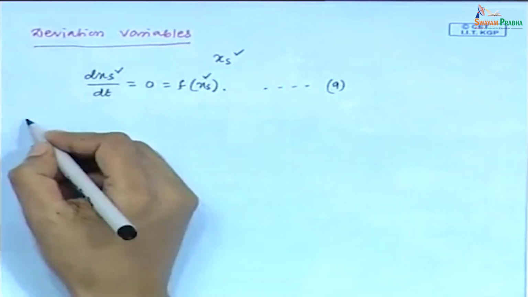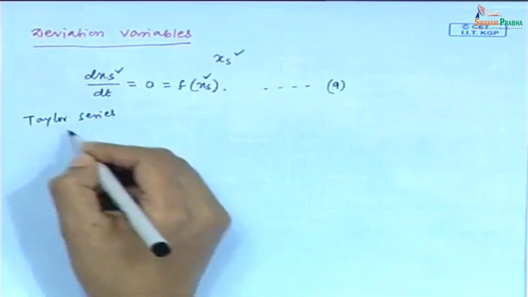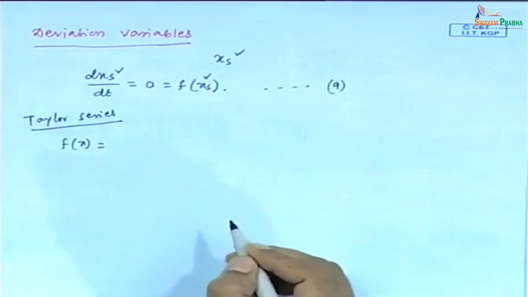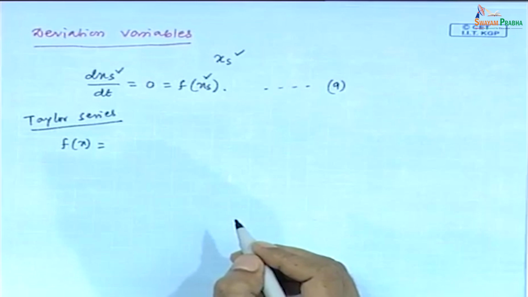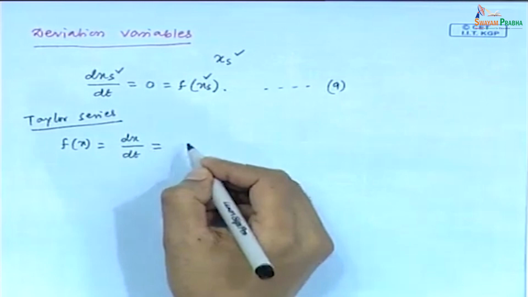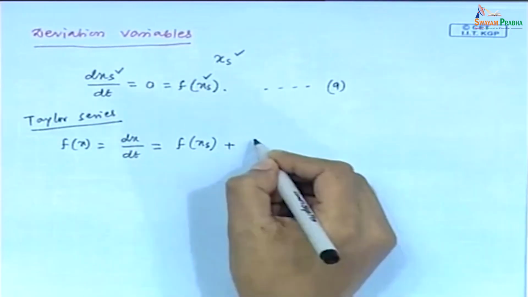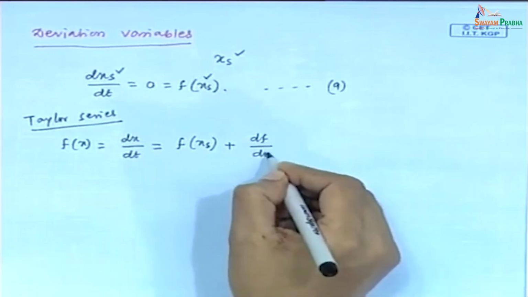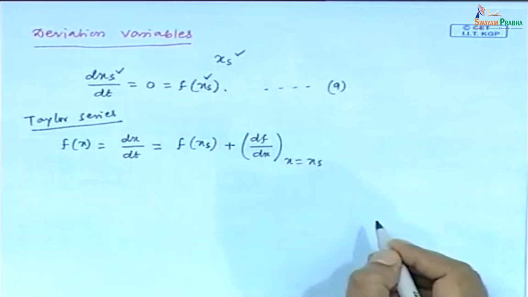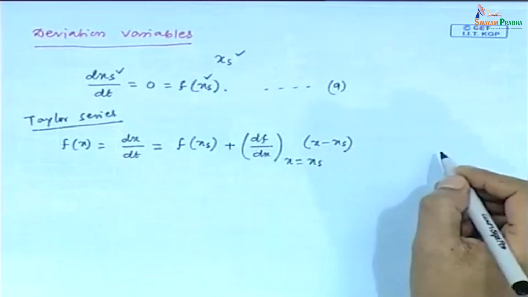Now according to Taylor series expansion, we can write f x just by replacing x naught by xs. dx dt equals f xs plus df dx at x equals xs multiplied by x minus xs.